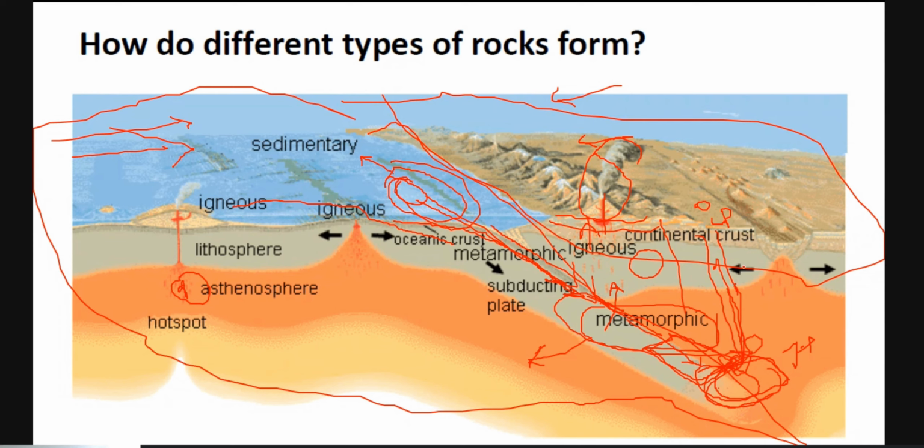So some rocks will solidify just below the earth's surface. These are called intrusive igneous rocks, and they have a compact crystalline structure. These are coarse grained in nature.